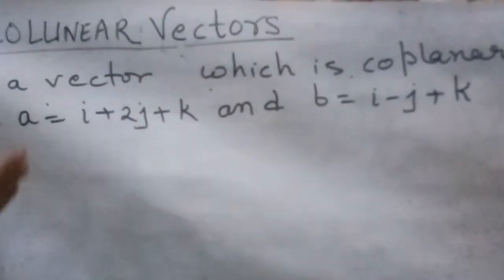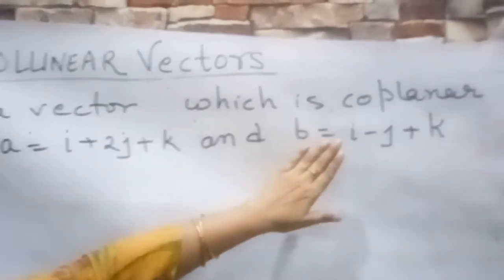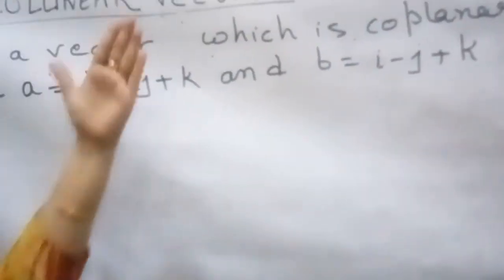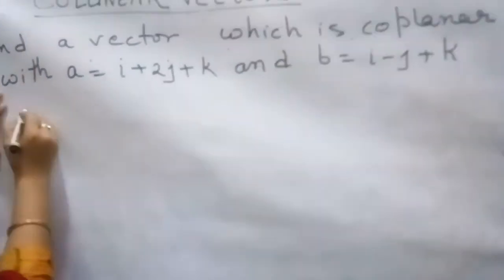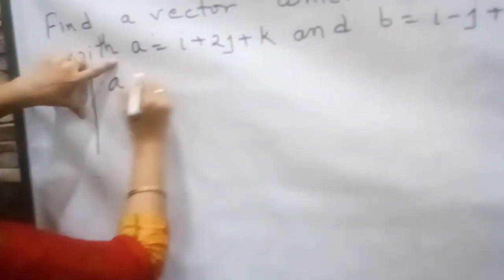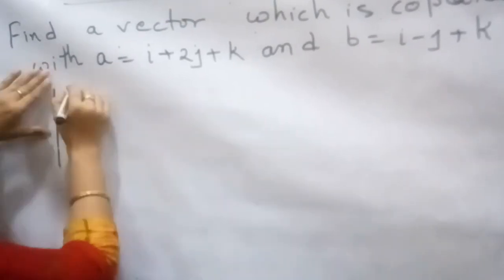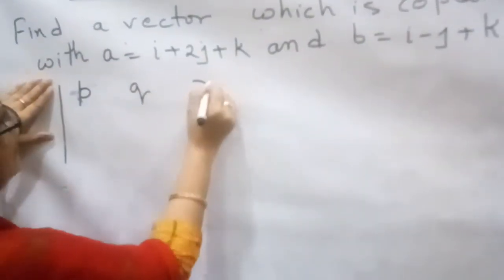Now we have to find a vector which is coplanar with these two vectors. So we write P, Q and R.